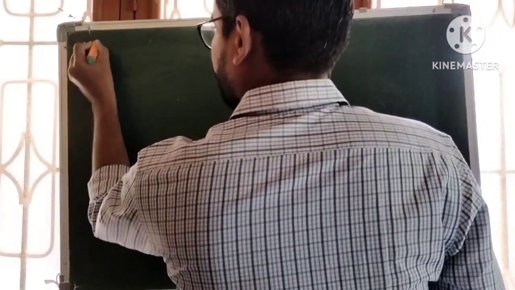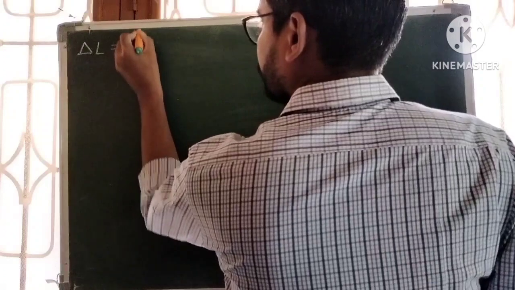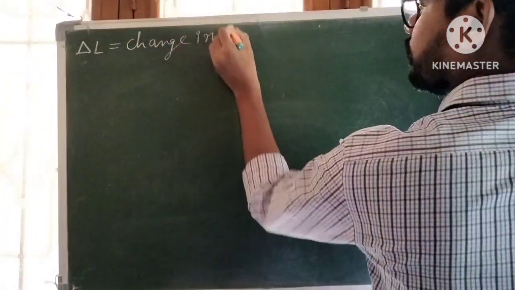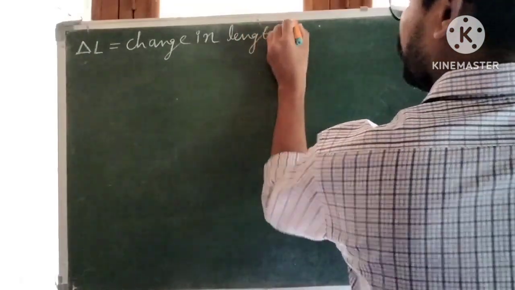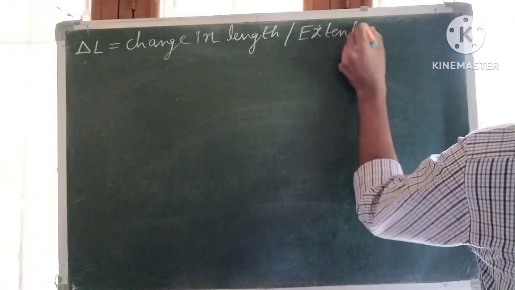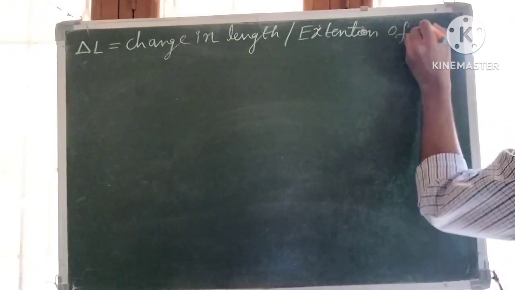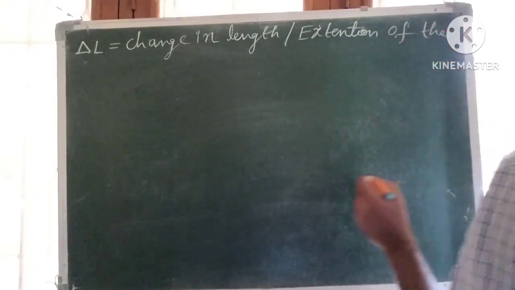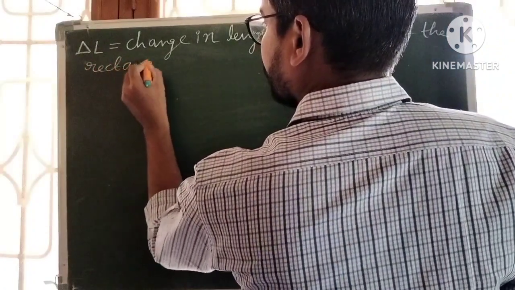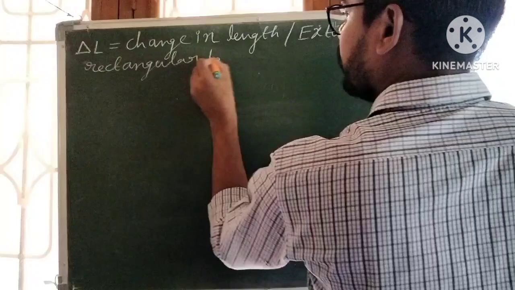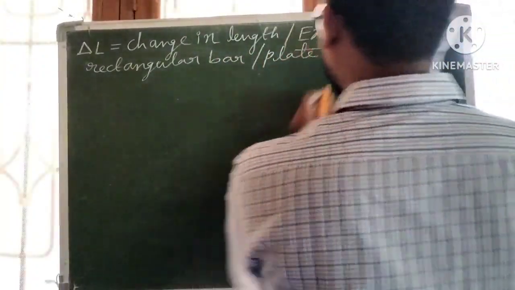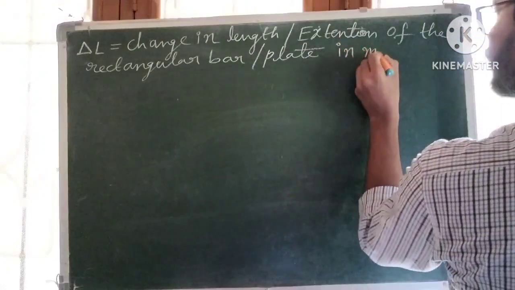Now delta L is equal to change in length or extension of the rectangular bar or plate, in mm.